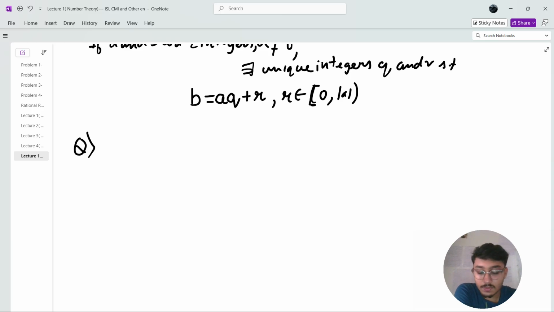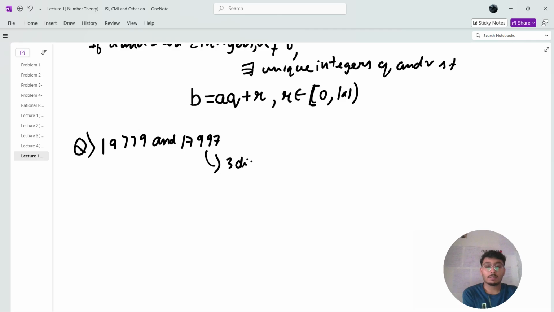When the numbers 19,779 and 17,997 are divided by a certain three-digit number, they leave the same remainder.